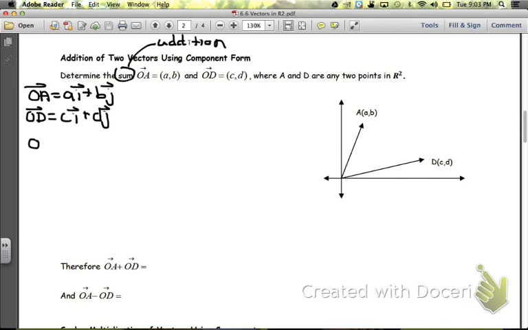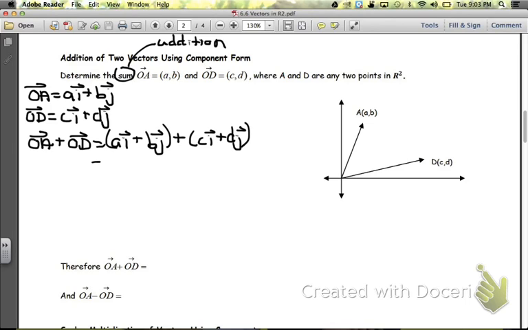So we add OA plus OD, and when we add those, we're going to add our Ai plus Bj plus our Ci plus Dj. So we can go ahead and add our like terms, so our Ai and our Ci, so we have Ai plus Ci, and then we have Bj plus Dj.